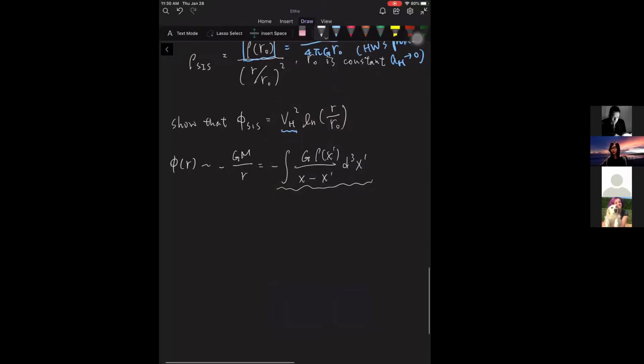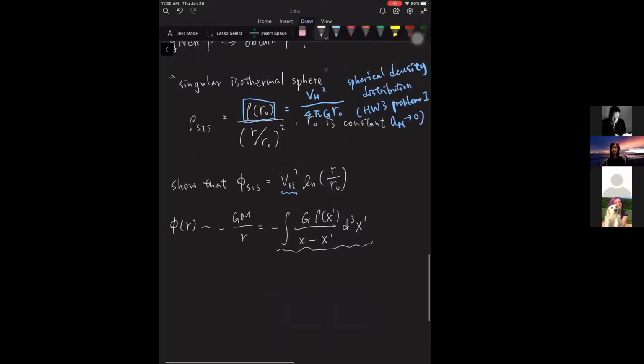And since now we're dealing with a sphere, of course we will use spherical coordinates. And this form will give us negative the integral of G rho over R and dV.